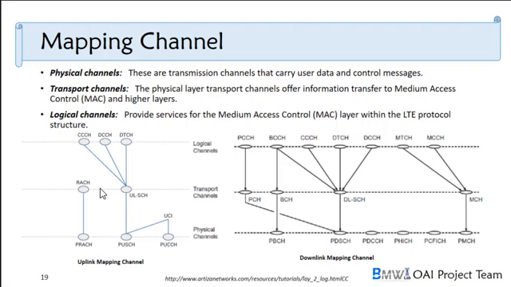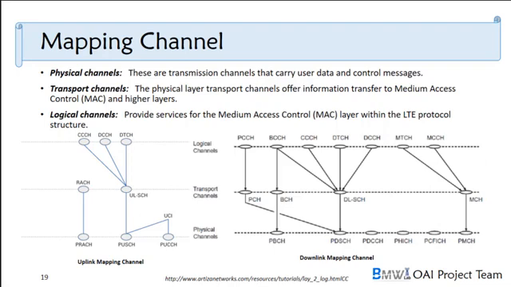The BCCH will map to the BCH, and BCCH and DCCH will map to the DL-SCH, the downlink shared channel.